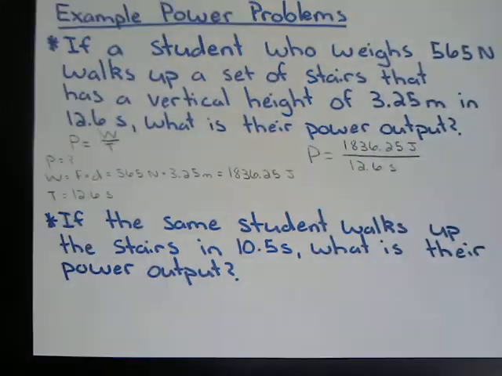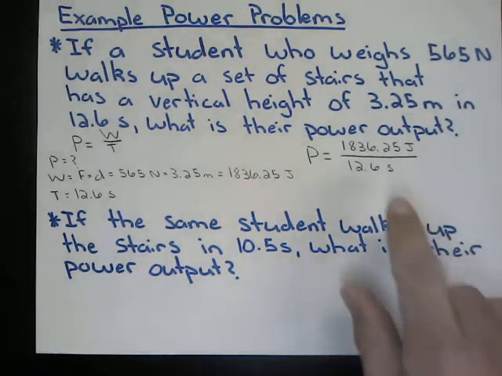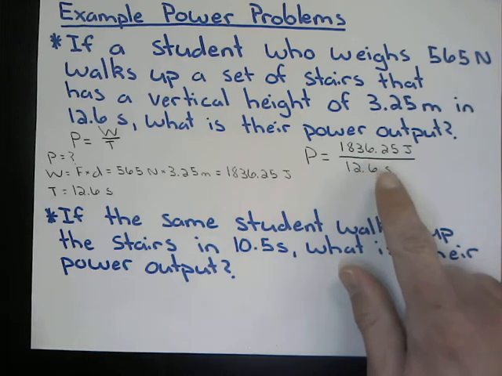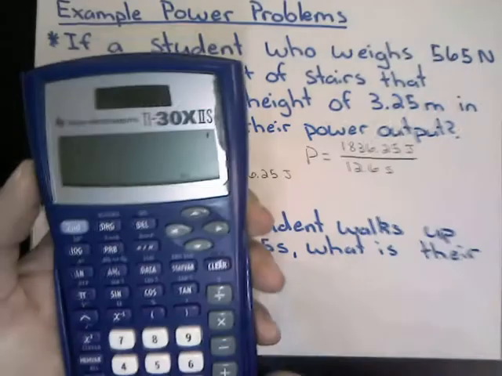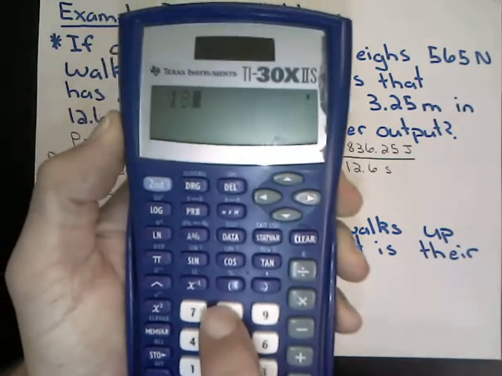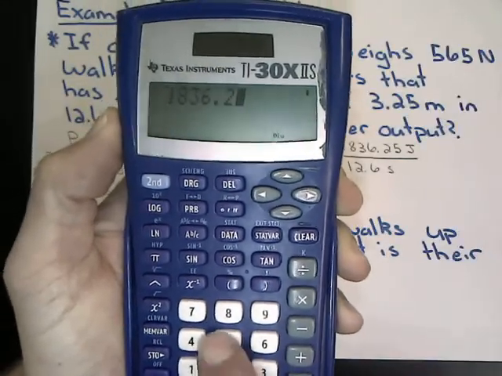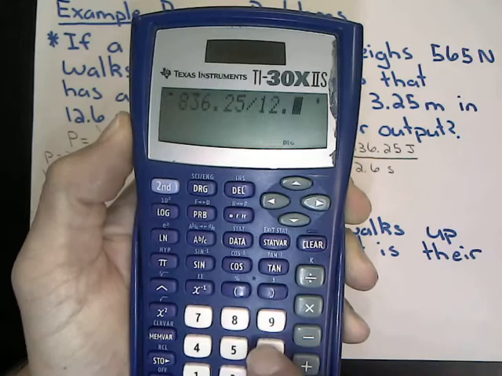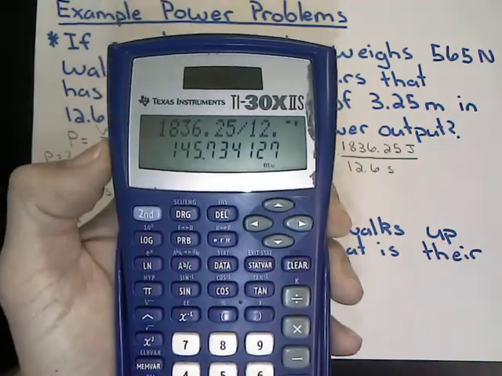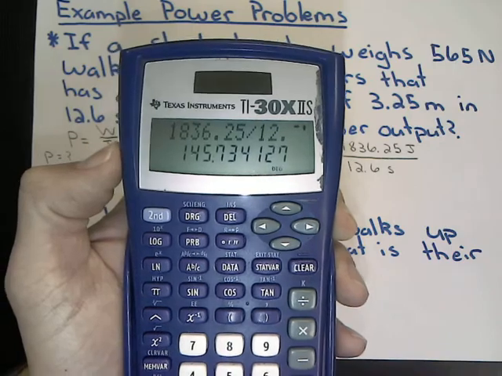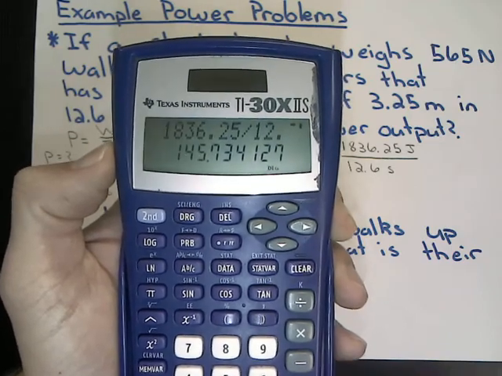So in my calculator, all I'm going to do is take 1,836.25 divided by 12.6, and I get a value of this, 145.7 and lots of decimals.